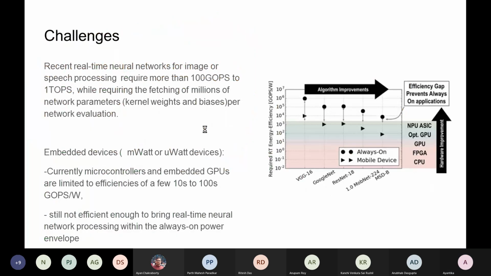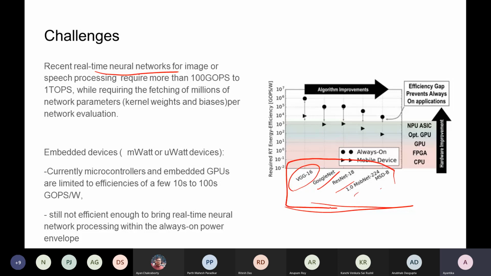So where is the gap? Now see, for recent real-time networks, you can see these names. Whatever we discussed yesterday, you know the layer requirements and step requirements of VGG, and you know about GoogleNet, ResNet, MobileNet, and so on. So you have some idea about all these DNN architectures and the background processing required for them.